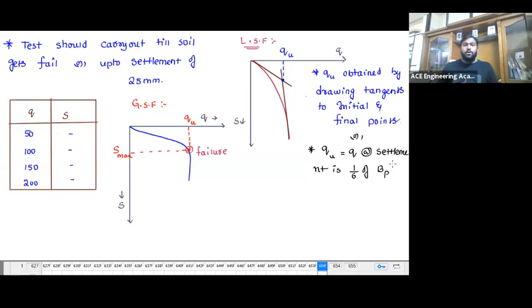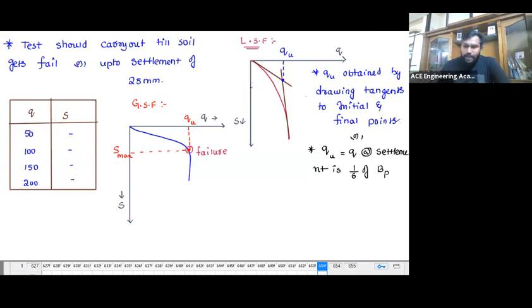Whatever the ultimate load carrying capacity, either you draw tangents for the initial point and final point, or take the load corresponding to a settlement of BP by 6.